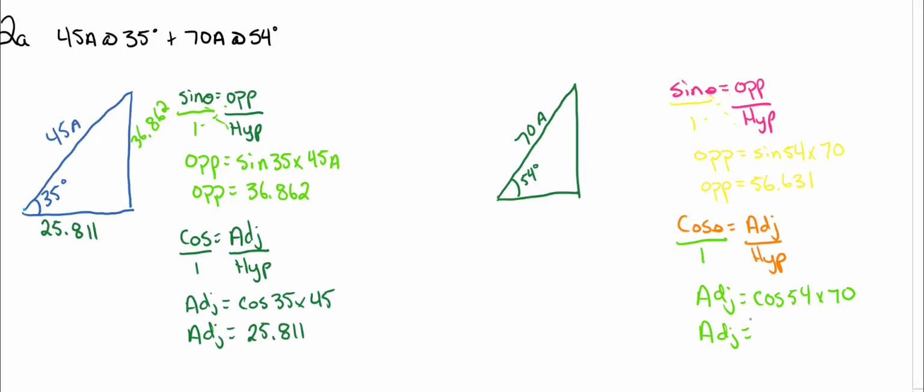The adjacent would be equal to 41.145. Fantastic. So now that we've found the horizontal and vertical components of these two triangles, what is our next step?